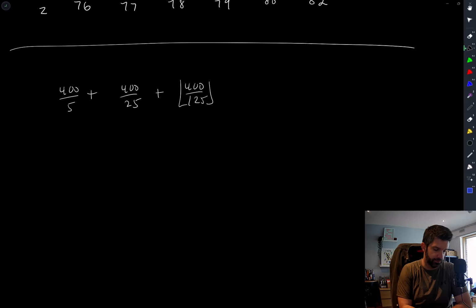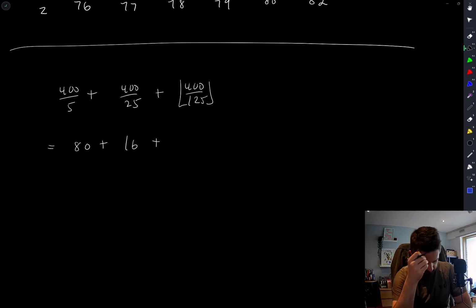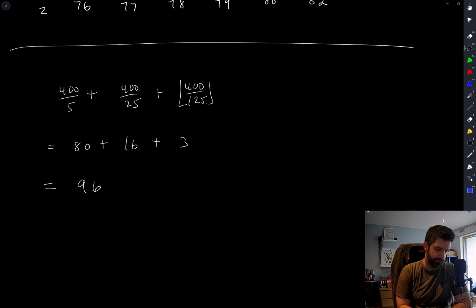Floor all of these. 80 plus 420 divided by 25 is 16. And this is 3. 96 plus 3, which is 99. Okay, so the answer is going to be 5.